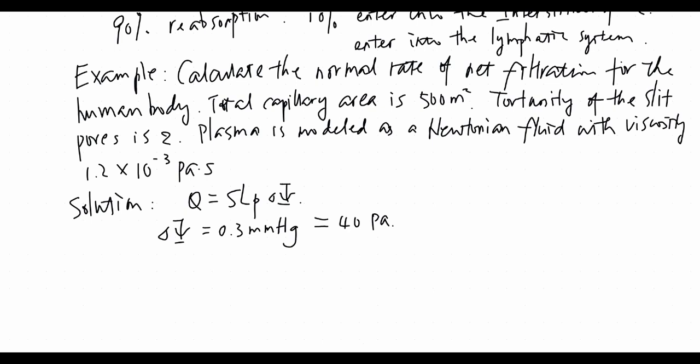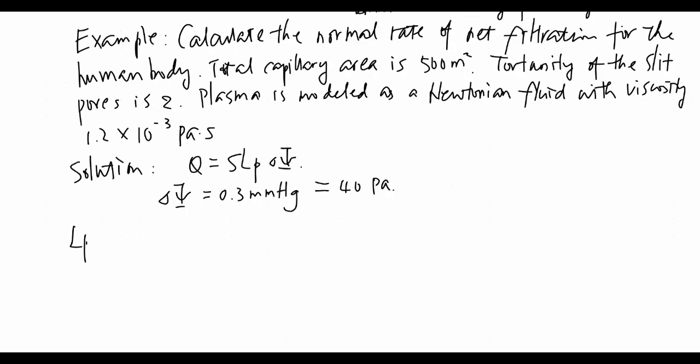Now let's figure out what Lp is. We have the equation for rectangular pores: epsilon h squared divided by 3 mu L. Now let's collect the numbers from the table.